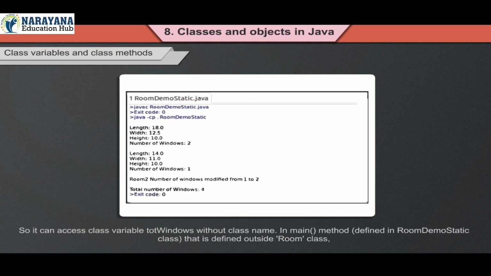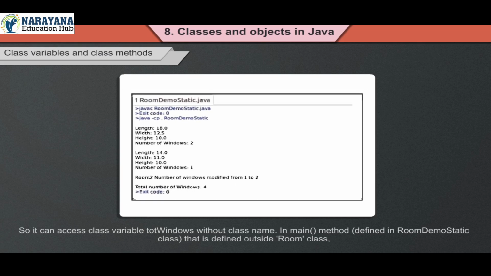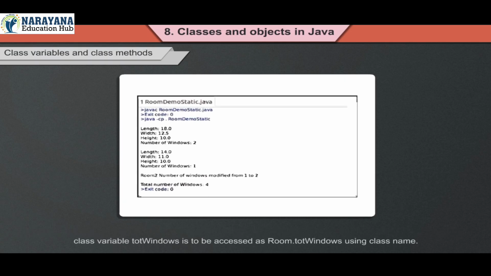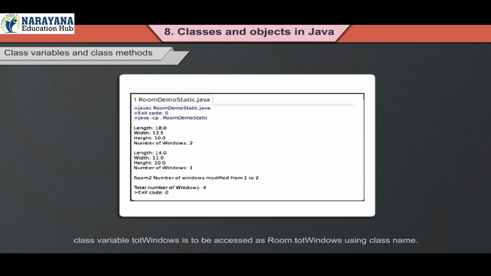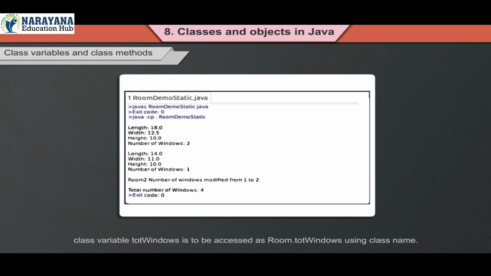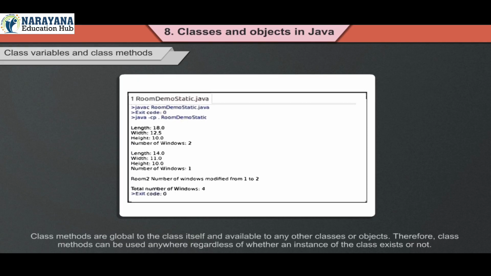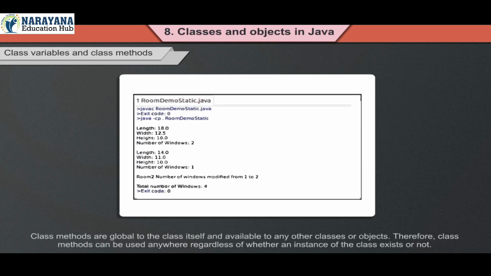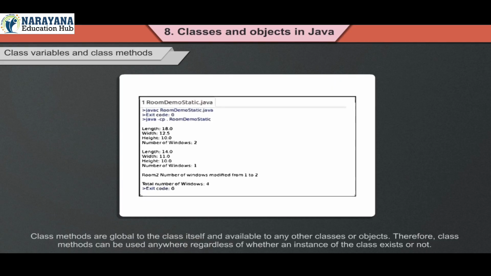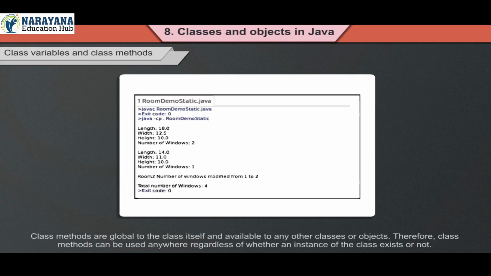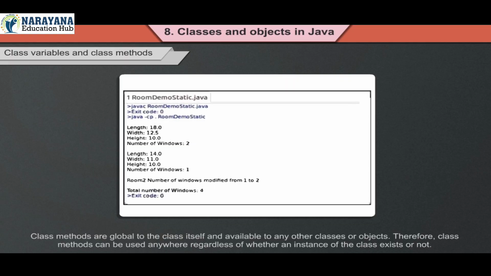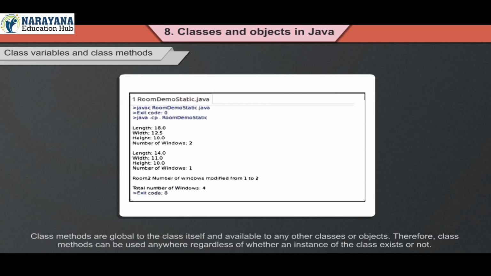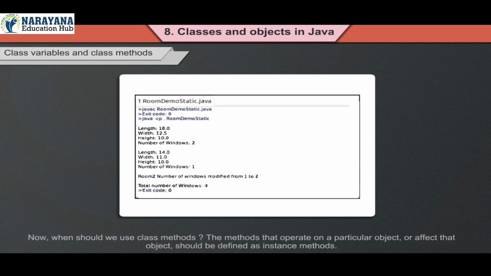In the main method, defined in the RoomDemo class outside the Room class, the class variable totalWindows is accessed as Room.totalWindows using the class name. Class methods are global to the class itself and available to any other classes or objects. Therefore, class methods can be used anywhere regardless of whether an instance of the class exists or not.